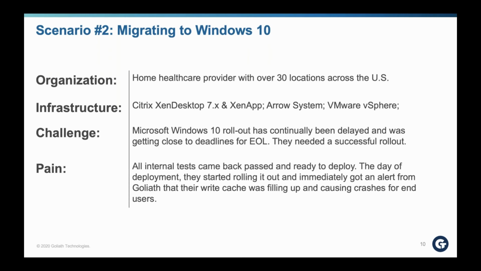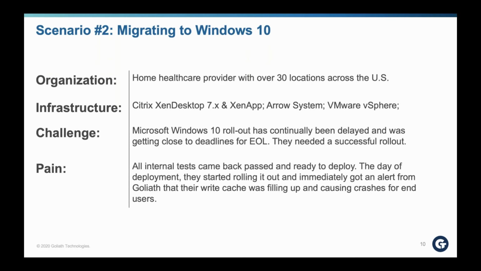So in this particular scenario, we have a home healthcare provider, and they have over 30 locations in the United States. And this is a completely on-prem environment. They have VMware as their virtual infrastructure, and they're delivering an EMR application, a very patient-critical application, via Citrix virtual desktops.